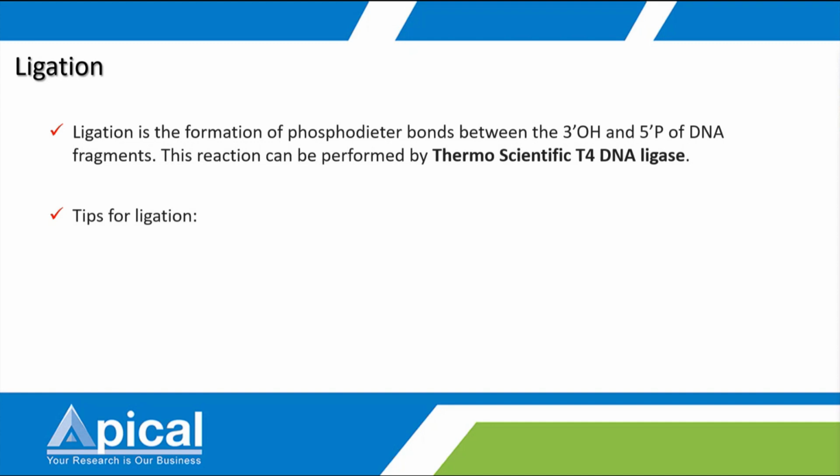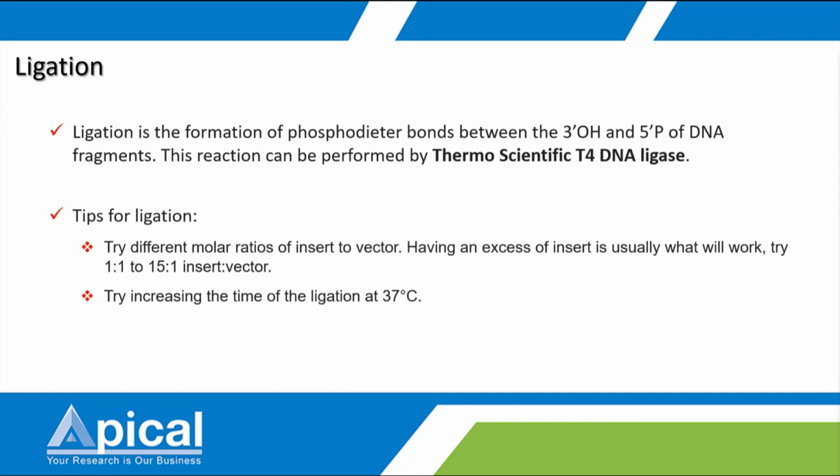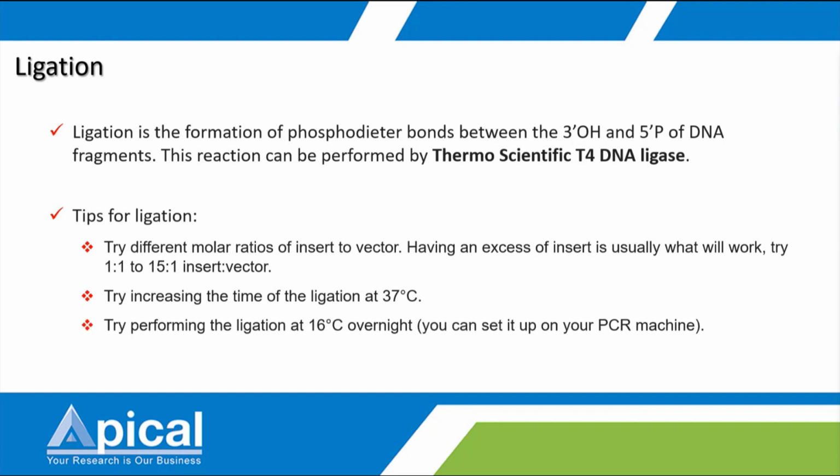But if you find your ligation is not working very well, you can adjust the ratio to put in more insert, like 4:1, 5:1, and it can be up to 15:1. You can also increase the time of the ligation at 37 degrees Celsius, or perform the ligation overnight at 16 degrees Celsius to enhance the ligation process.